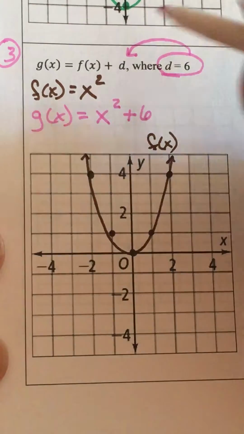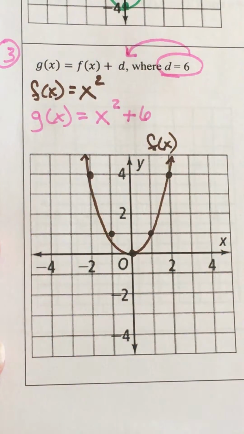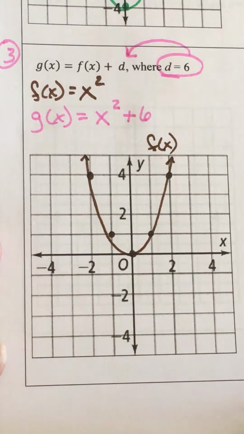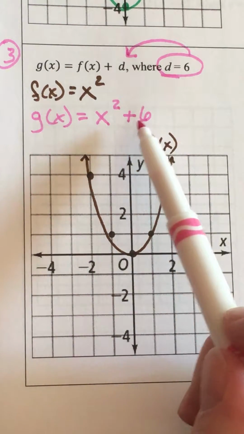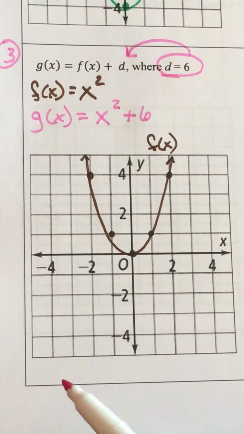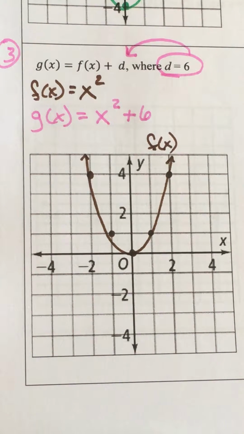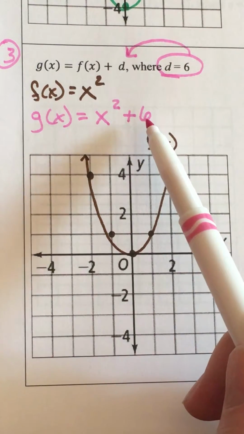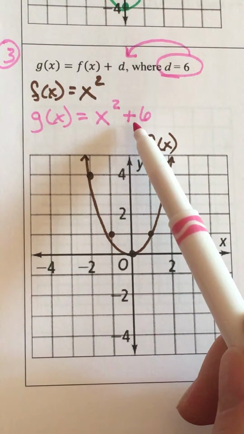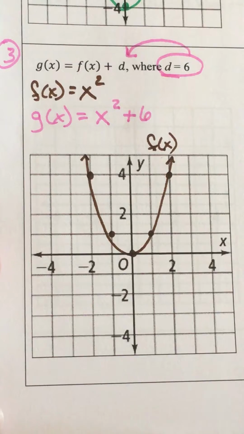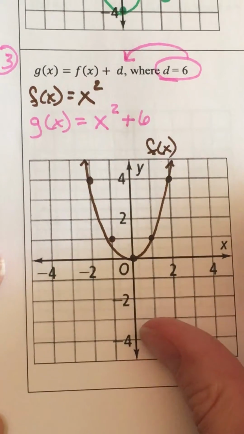That's all I did, I filled in the blank. So we remember from our discussion in problem 1 that since this d is outside of our parentheses, that's a hint from yesterday's lesson that this is a vertical shift. And since it's positive 6, we're going to go up 6 units. So let's write ourselves a note.